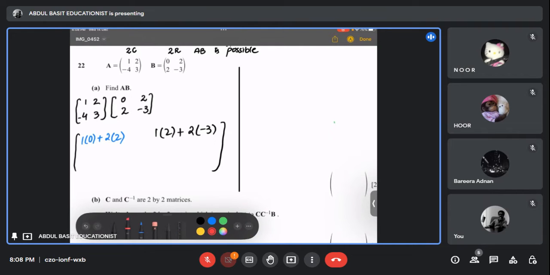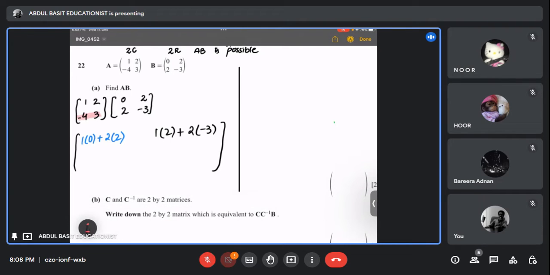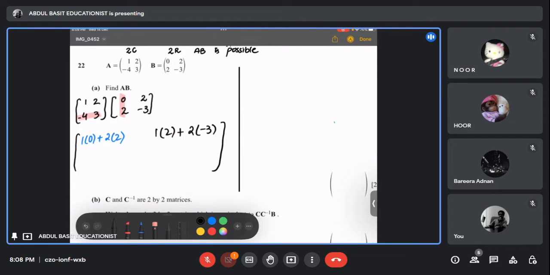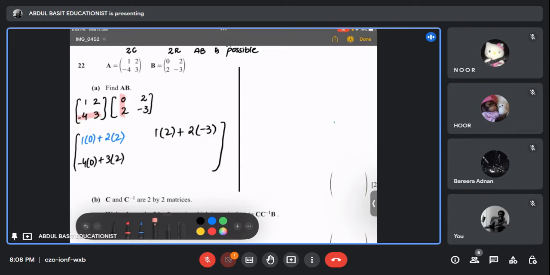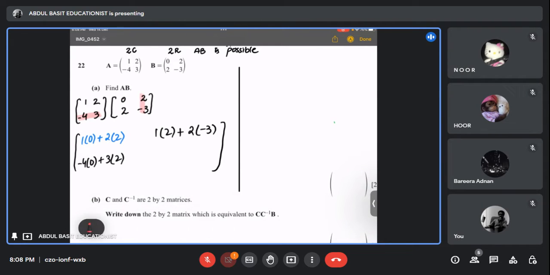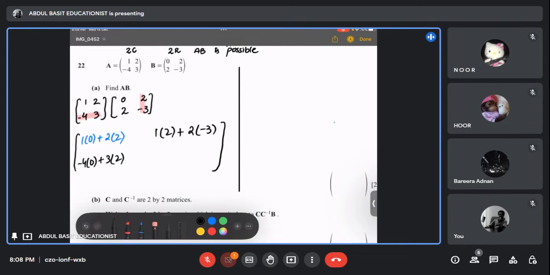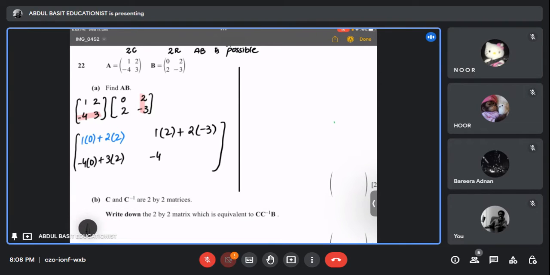Second row, first column is minus 4 times 0 plus 3 times 2. Then second row, second column: minus 4 times 2 plus 3 times minus 3.